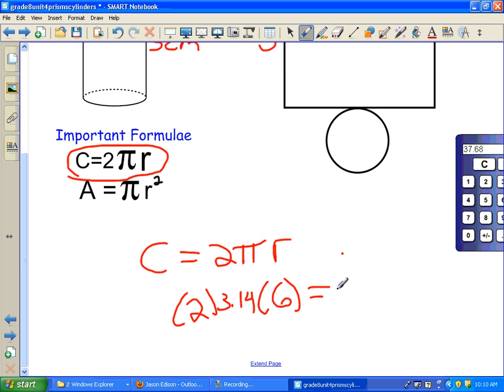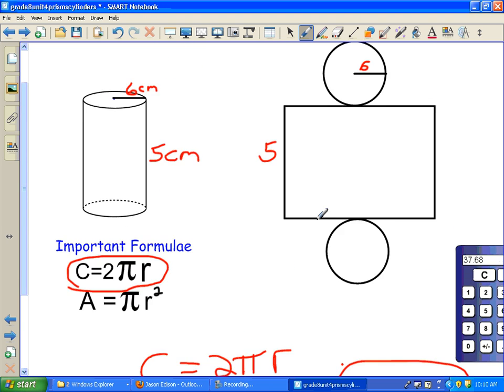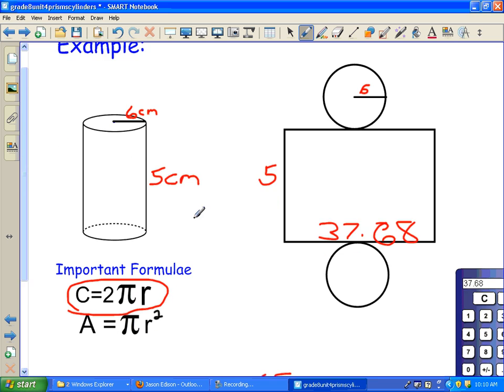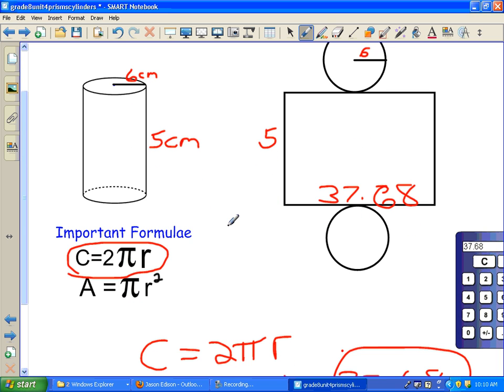So the circumference is 37.68. So I'm going to take this number, my circumference, and I'm going to use it for this side right here. So this side right here is 37.68. Now, of course, this is not drawn to scale, so it doesn't really look like 37.68.